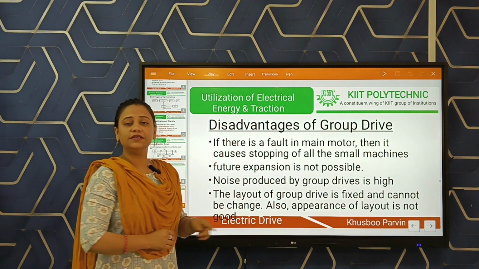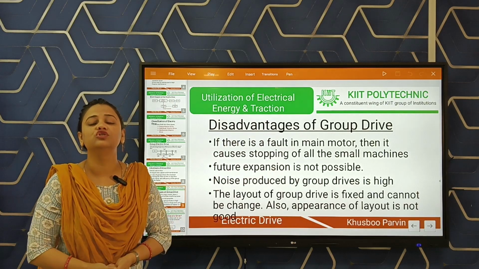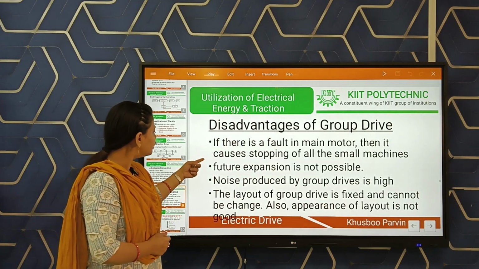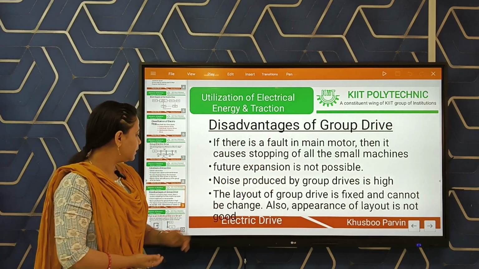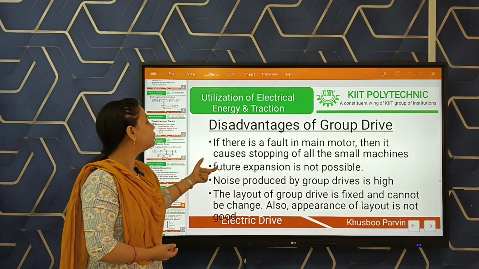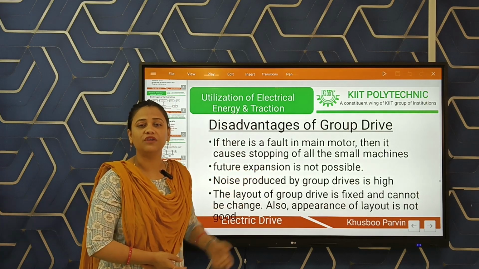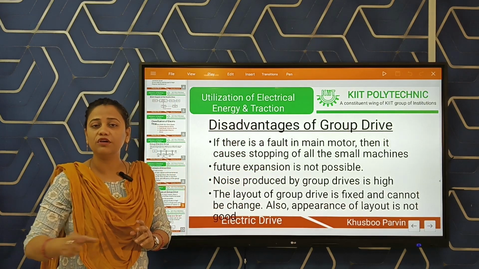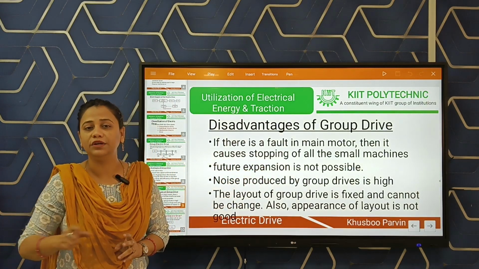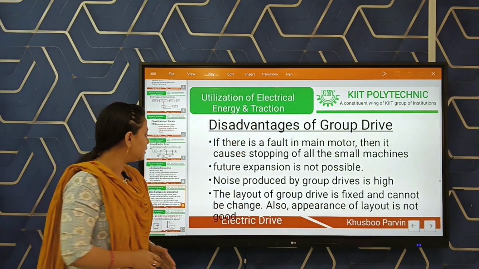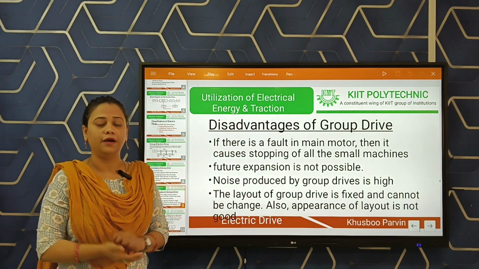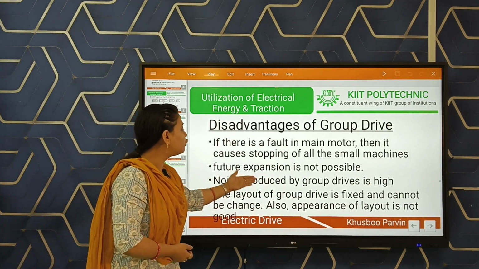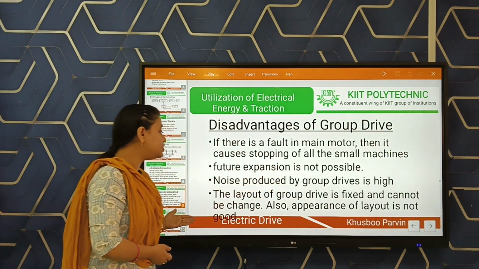The second disadvantage is that future expansion is not possible. Third, noise produced by the group drive is high, because a number of machines are operated simultaneously. The layout of the group drive is fixed and cannot be changed.